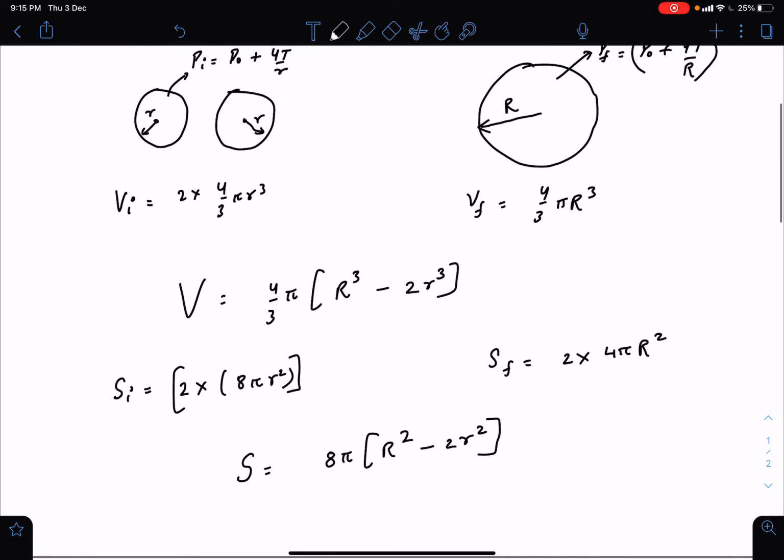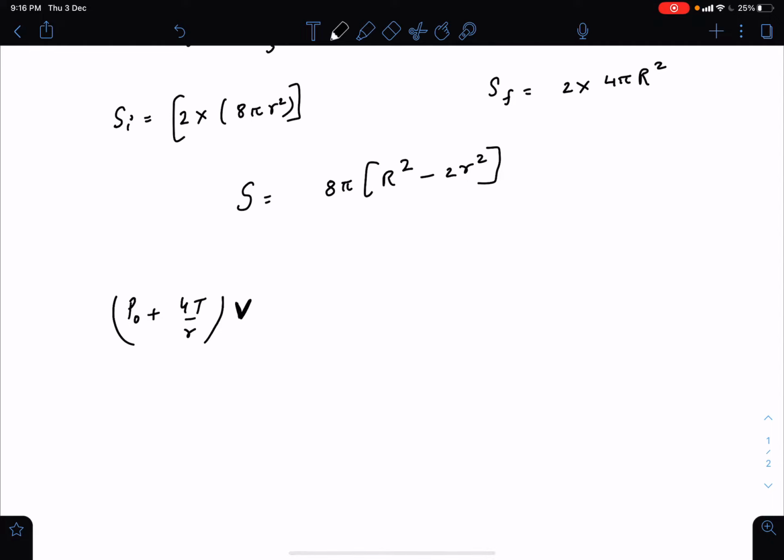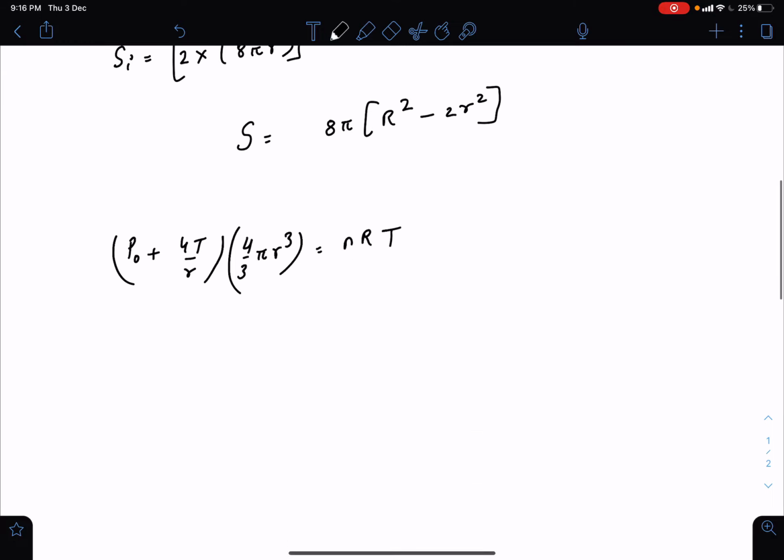So we will use PV equal to nRT. So P initial, which is P naught plus 4T by r, into V initial. Now V initial in individual is 4 by 3 pi r cube. PV equal to nRT. What is P final?